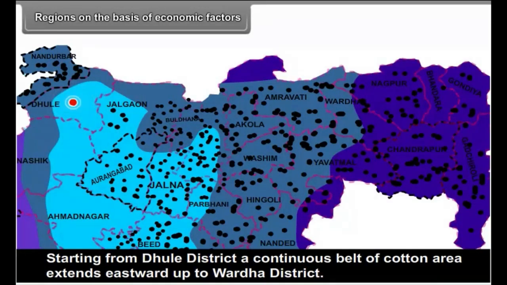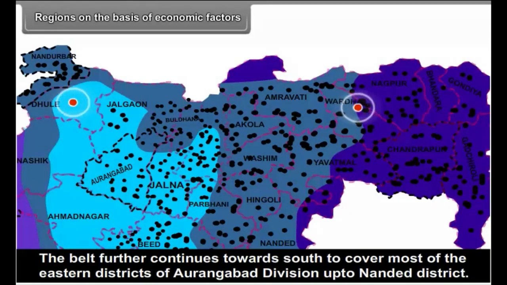Starting from Dhule district, a continuous belt of cotton area extends eastward up to the Wardha district. The belt further continues towards the south to cover most of the eastern districts of Aurangabad division up to Nanded district.